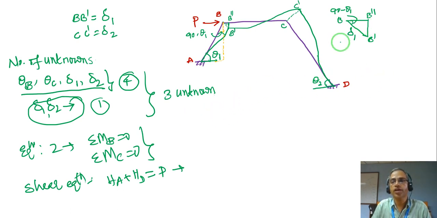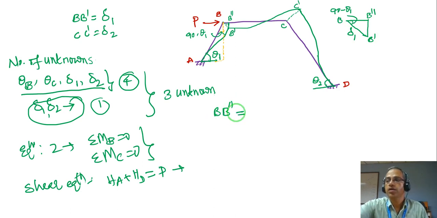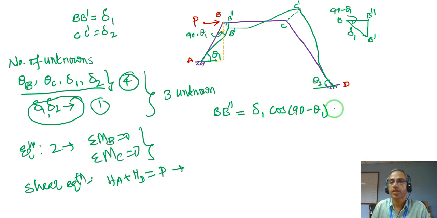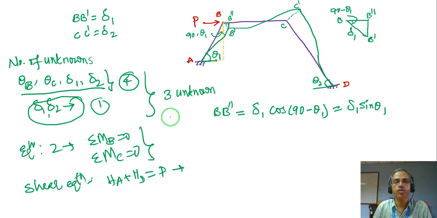So from this triangle, B double dash is nothing but cos of delta 1 times cos of 90 minus theta 1. That means delta 1 sin theta 1. This is your horizontal displacement of joint B.